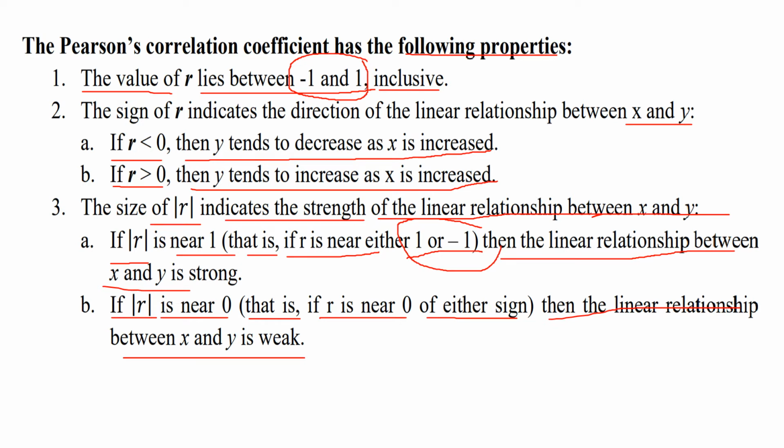As long as the absolute value of your r is nearly or approximately equal to 0, then the linear relationship between your x and y is weak. So these are two conditions that we need to consider for us to identify if the linear relationship between your x and y is strong or weak. It depends on the absolute value of your r.